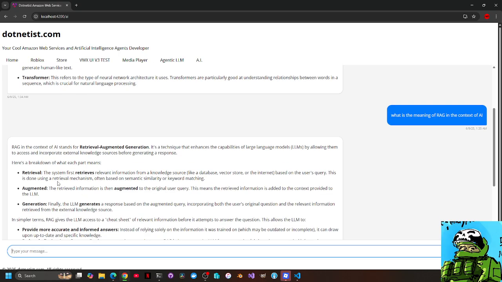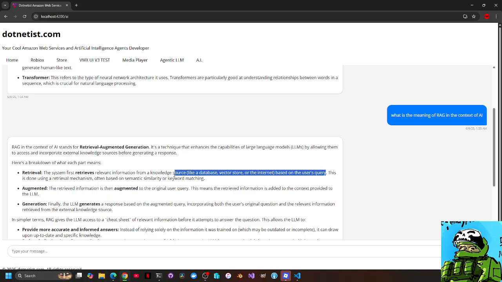Retrieval. The system first retrieves relevant information from a knowledge source like a database, vector source, or the internet based on the user's query. This is done using a retrieval mechanism, often based on semantic similarity or keyword matching.